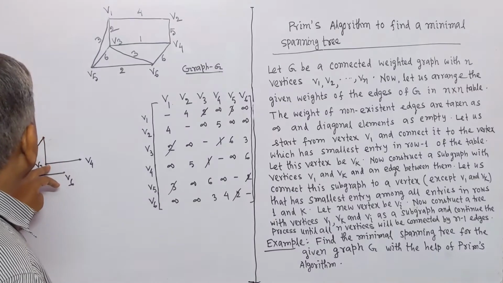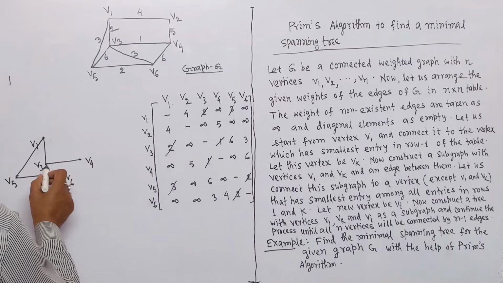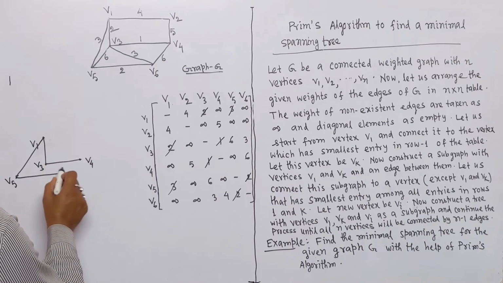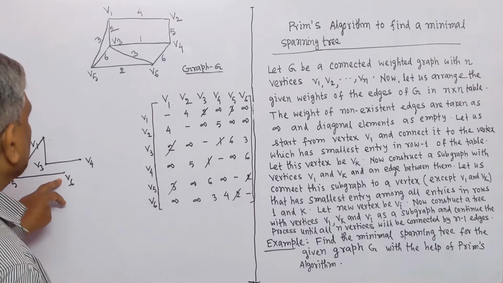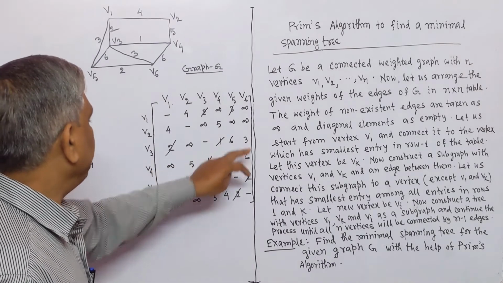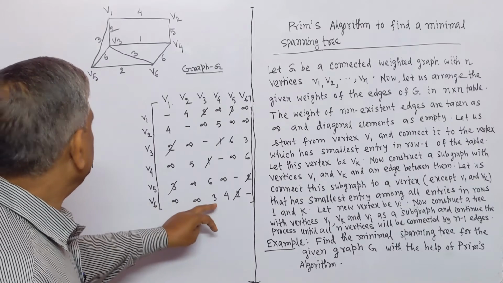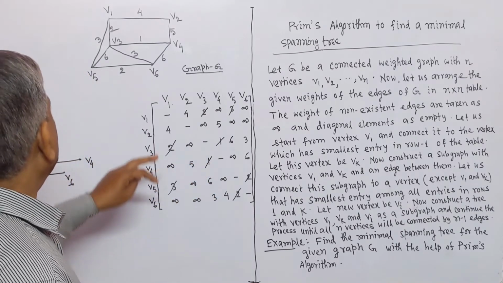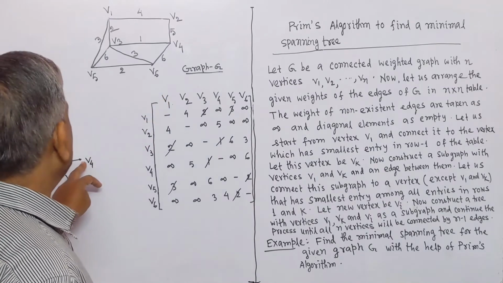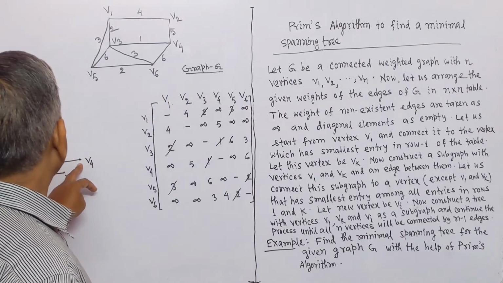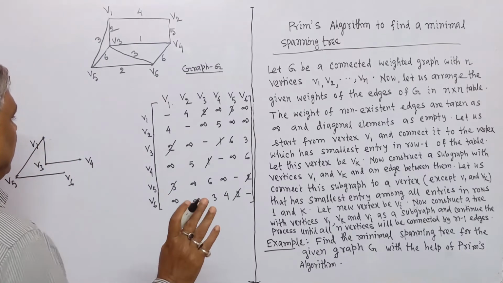If we connect V3, V6, we get a circuit: V3, V6, V5, V1, V3. This will be a circuit. So we do not take this number. Here we select this number V6, V4. This also makes a circuit, so we will not take this.